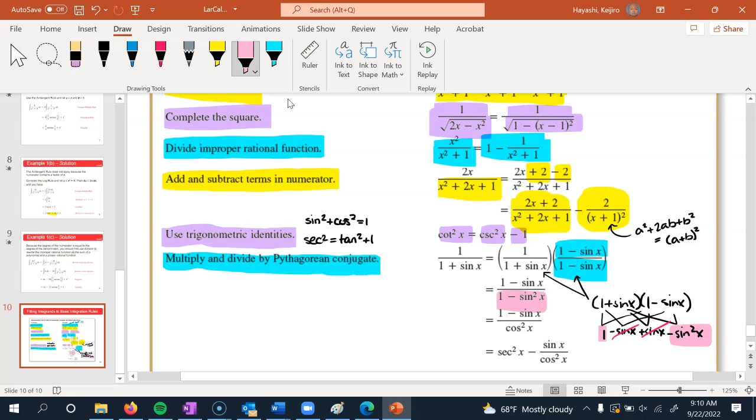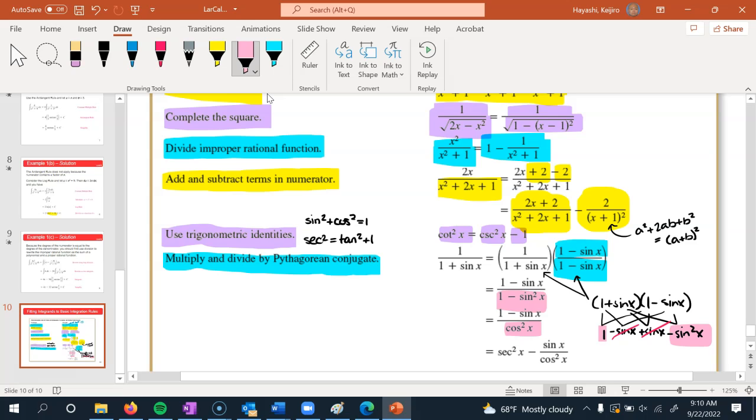And the top is just, well, if you take 1 and you multiply it by something, it's going to be that thing. It's going to be 1 over sine of x. Then what proceeds to happen is a Pythagorean identity is used. Sine squared plus cosine squared equals 1. So 1 minus sine squared is cosine squared. That's all that happens in that step.